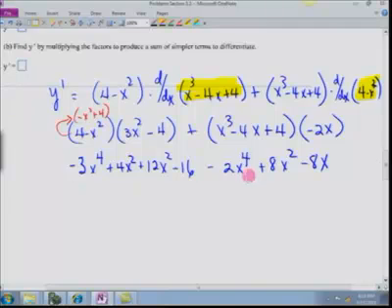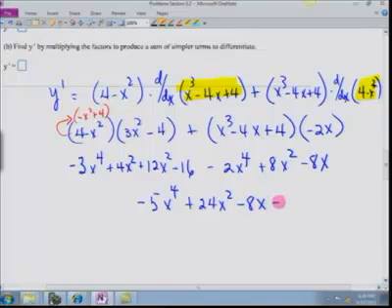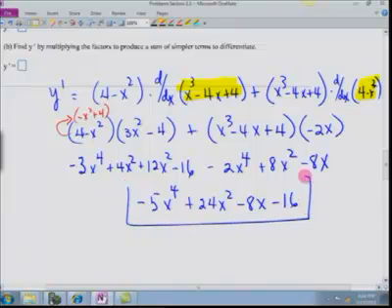Okay, combining terms. X to the 4th, how many we got? Negative 5. X squared, we got 16 and 8, so 24. Right? Is that right? And then minus 8x and minus 16. I just did it in descending order. So I believe that that's what our y prime is. Okay.